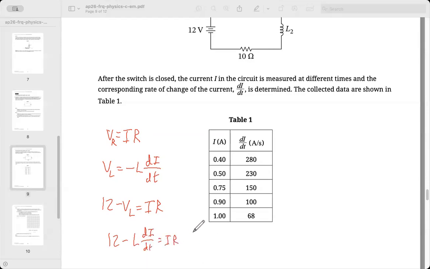Let me rearrange this: I is equal to 12 over R, which is a constant, minus L over R dI/dt. So if we plot I versus dI/dt, we will get a slope of negative L over R and a y-intercept of 12 over R.